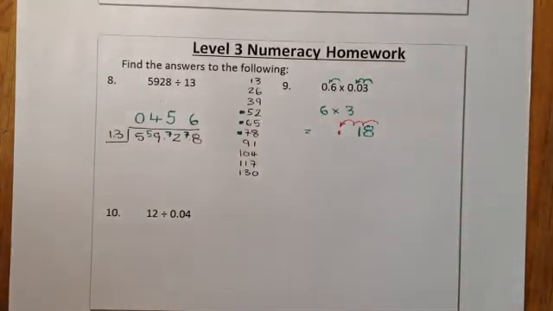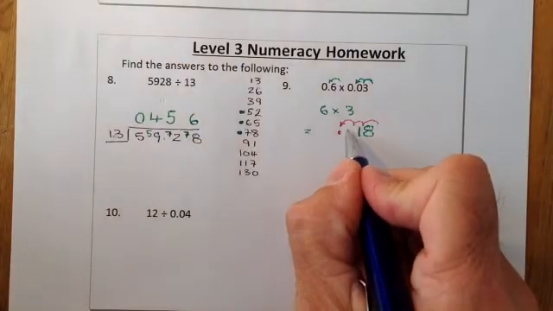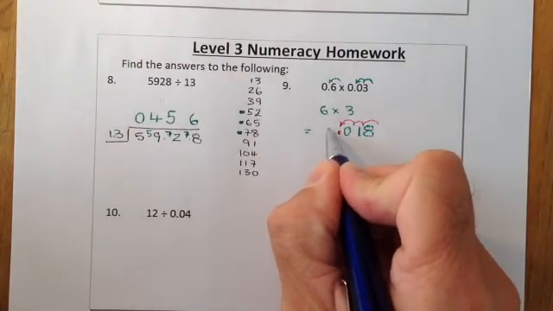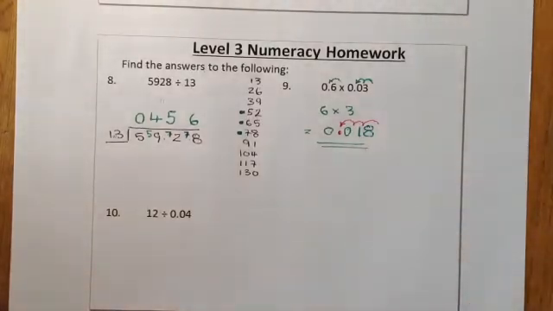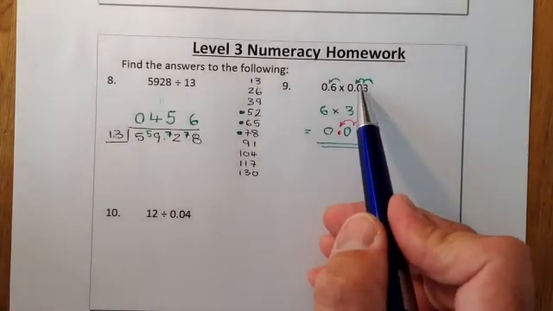And in these small arches, that wee arch there, I'm going to put a 0 in there and a 0 there as well. So there's my final answer: 0.018. So remember, when you do this type of work, don't line up the decimal points. Just make sure that you move the decimal point from your answer the number of places that are in the question. In this one, there was 3.